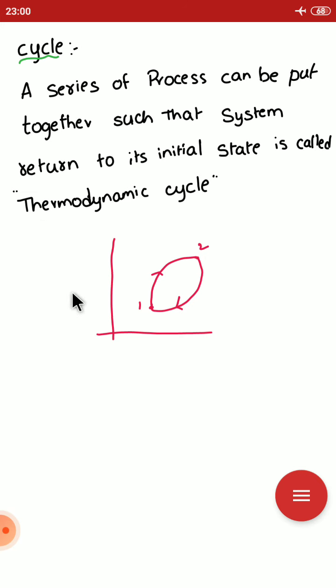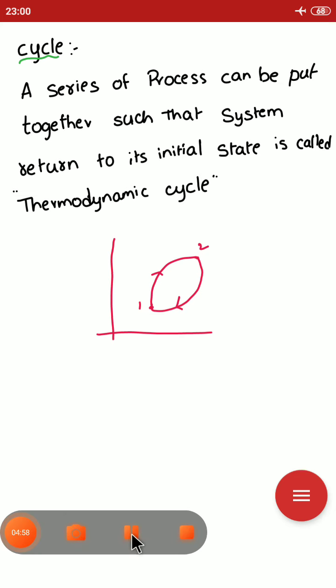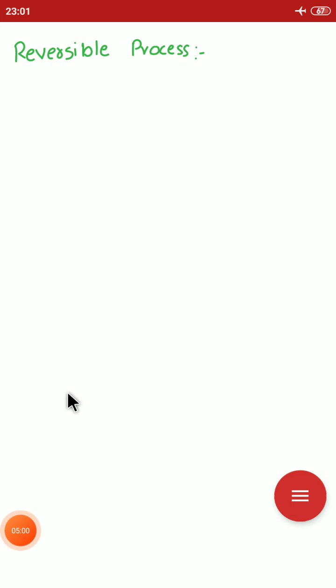Okay, the second topic in this video is the reversible process. When a system changes its states undergoing a condition where the driving force is zero, the system is said to undergo a reversible process. A reversible process can proceed in either direction.